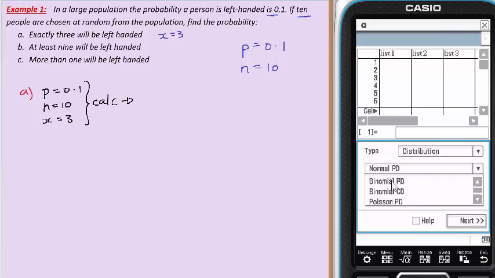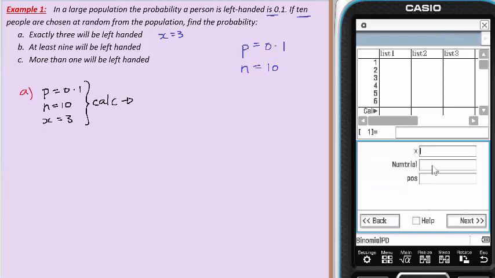For questions where we're told that exactly a certain number are left-handed or right-handed or they win or whatever, then we're looking at probability distribution. If we have a question where we say at least a certain number, then that'll be the binomial CD, which is cumulative distribution. So we're going to go probability distribution here and say next.